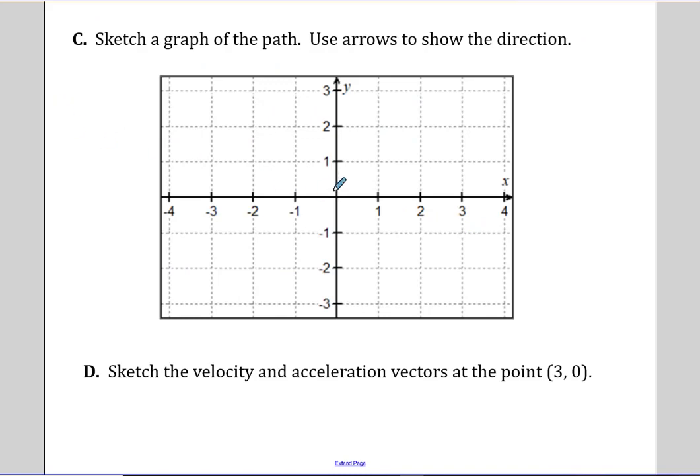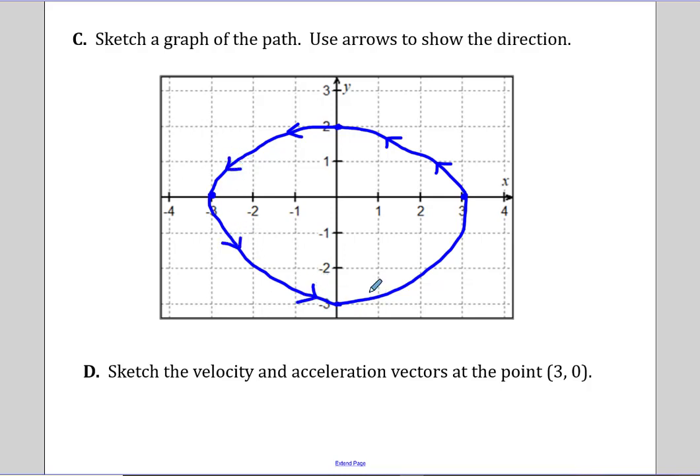So if we started at 0, the vertical was 2 and the horizontal was 3, so we have a long skinny ellipse like such, and putting arrows on the pathway that would go counterclockwise around from 0 to 2 pi to show the full rotation, and then drawing sketch the velocity and acceleration vectors at the point 3, 0.